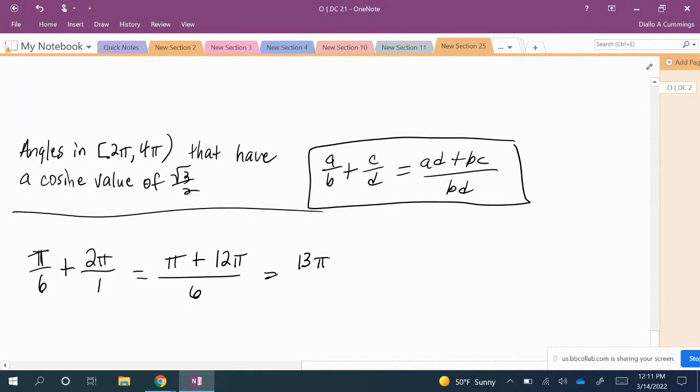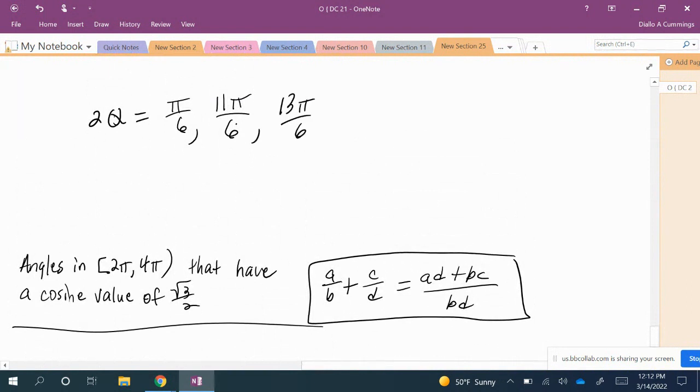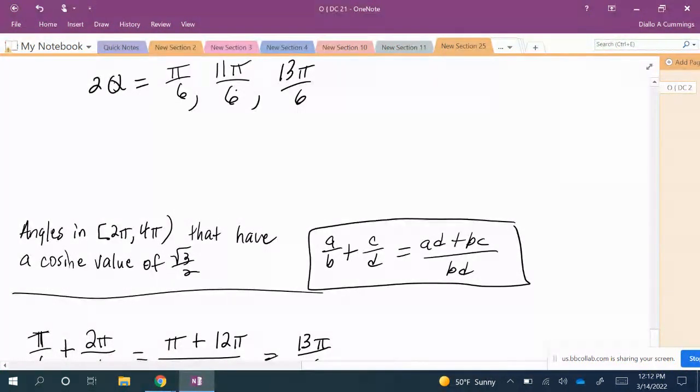So we have 13 pi over 6. I simply added 2 pi radians to pi over 6. Thinking about degree measures, I added 360 degrees, which forces a coterminal angle, and it would still have a cosine value of square root of 3 over 2.